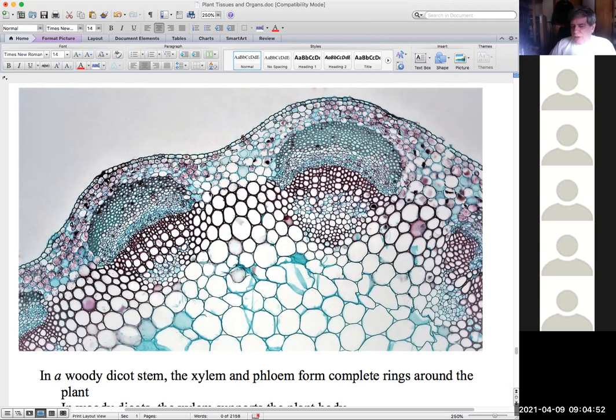Now just to the outside, moving upward on our diagram, there's this light greenish color above the purple. This light greenish is the phloem. Remember that when we look at a cross section of a stem or a root, the xylem is always inside the phloem. The xylem is more towards the middle.